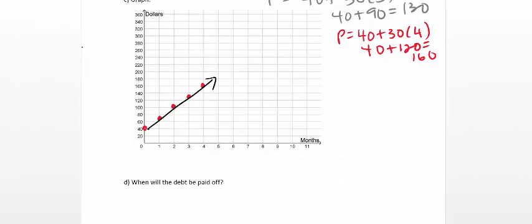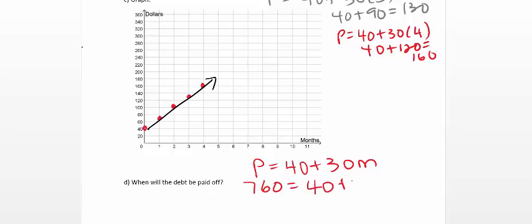And now our last question here is, when will the debt be paid off? Well, in our equation, I'm going to rewrite it here, we had P equals 40 plus 30M. And we know from the word problem that the dishwasher costs $760. So 760 is what we need to substitute in place of P. And now we're going to just solve for M. We do that by subtracting 40 from both sides.